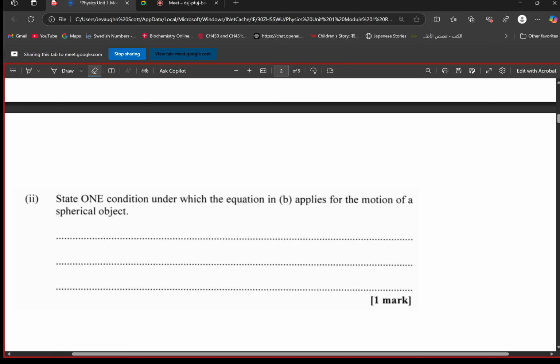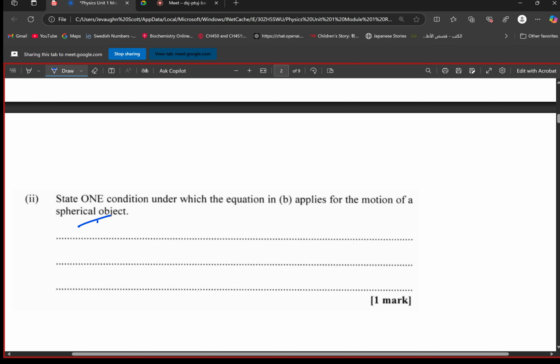Alrighty, go ahead. So how is this applicable? I'm not sure if I explicitly stated it when I was going through it, but this equation only applies, right?